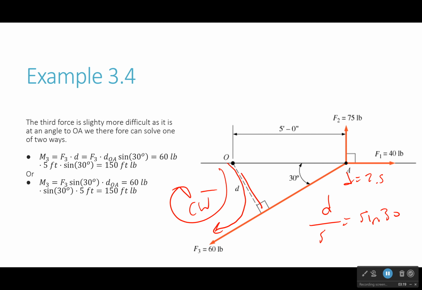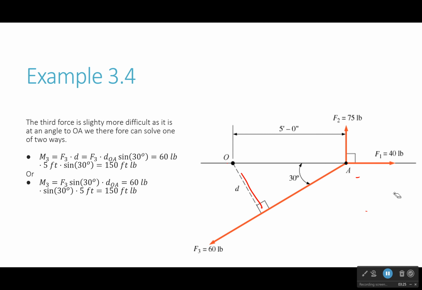The second way I could do it is just to say, okay, well, rather than worrying about all this nonsense right here, I already know what this distance is at this point, so let's just find a perpendicular force. Okay? And so this is 60 degrees right here. Okay, cool. I can do this.